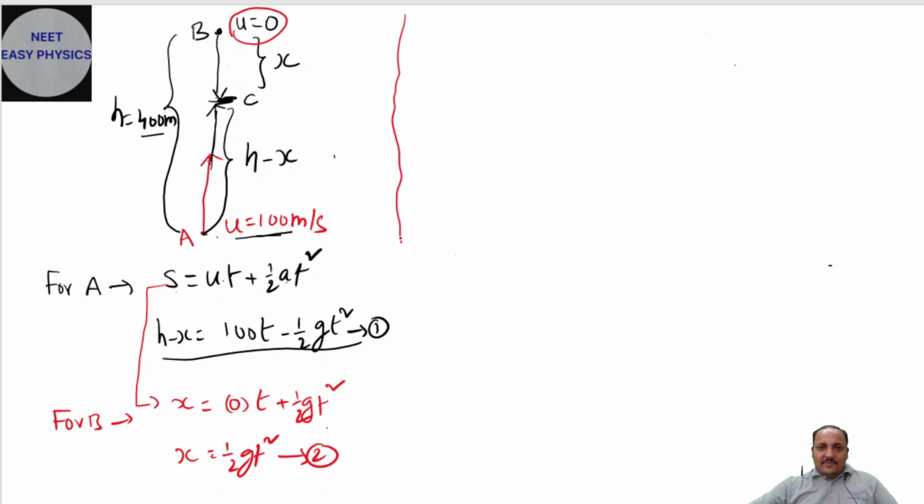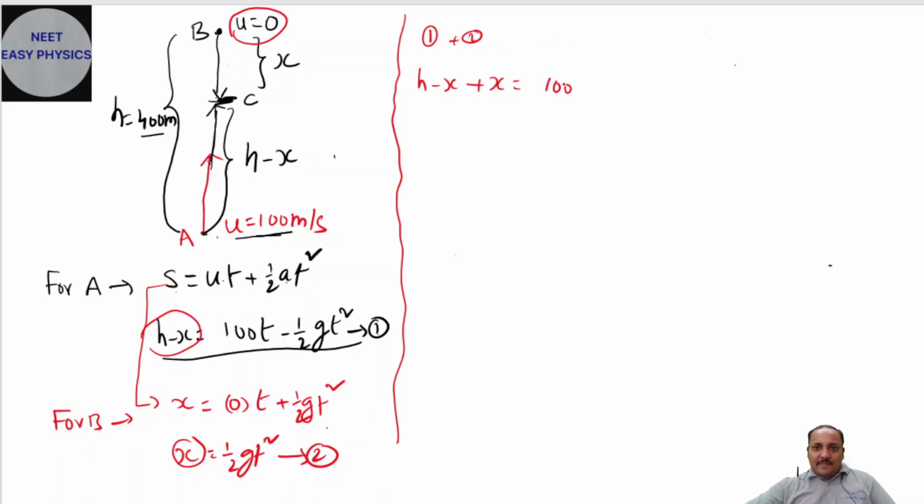From 1 and 2, this is H minus X, this is X. So you can add equation 1 and equation 2. Equation 1 gives H minus X, equation 2 gives plus X. Next, the RHS: 100T minus half GT square plus half GT square.